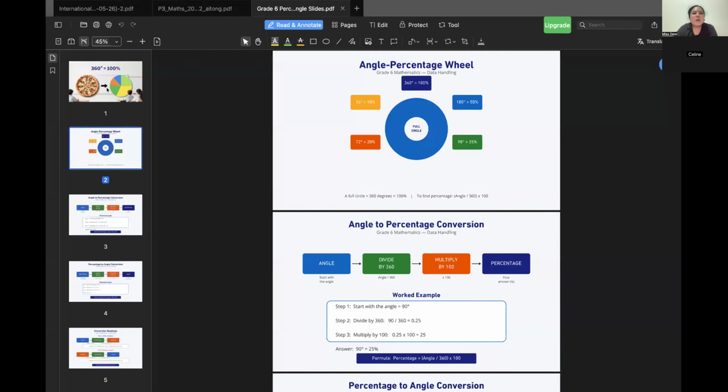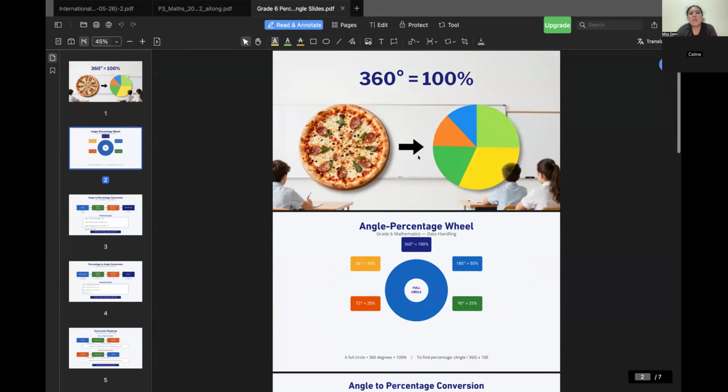This is the theory, just a little bit of theory. This is the thing that you need to know, Celine.